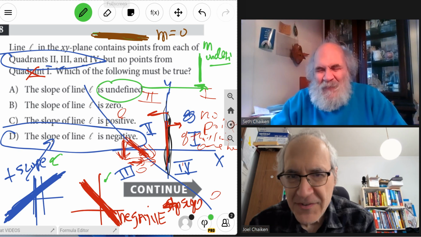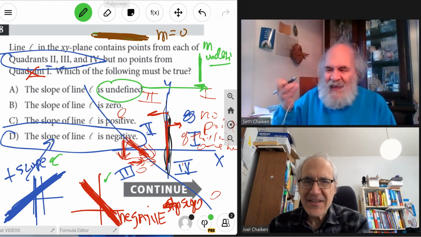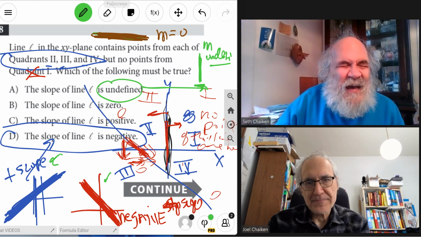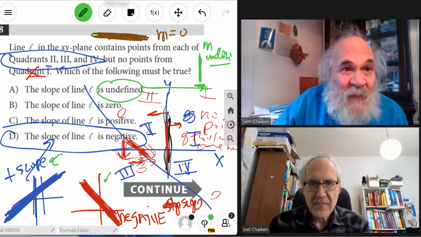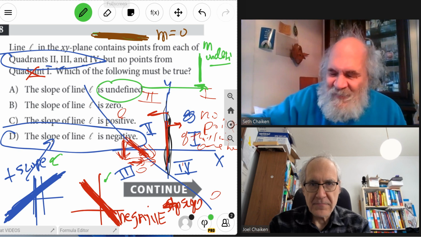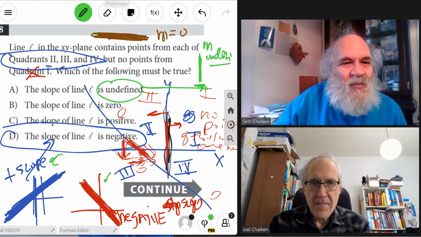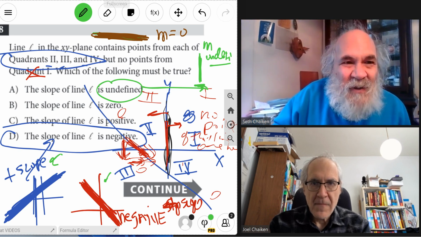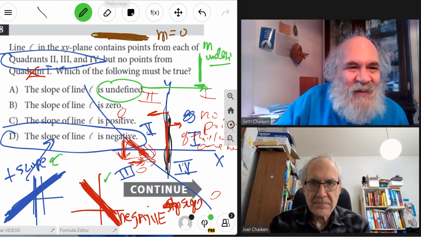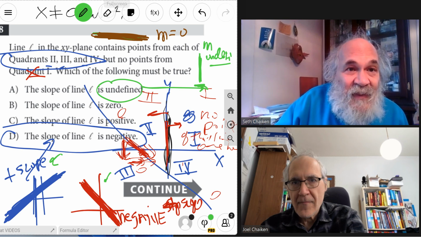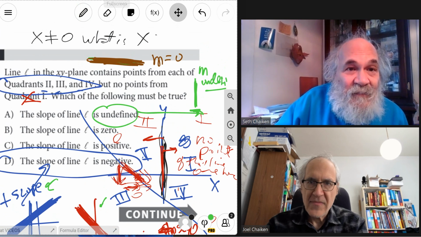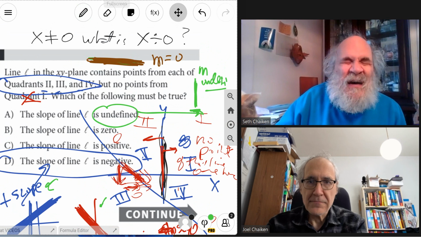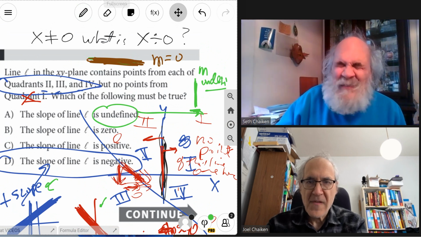Agreed. Absolutely agreed. The undefined and verticalness comes from the property that in school they say, let's say x is some non-zero number, what is x divided by 0? You cannot divide by 0 because there is no answer to this.